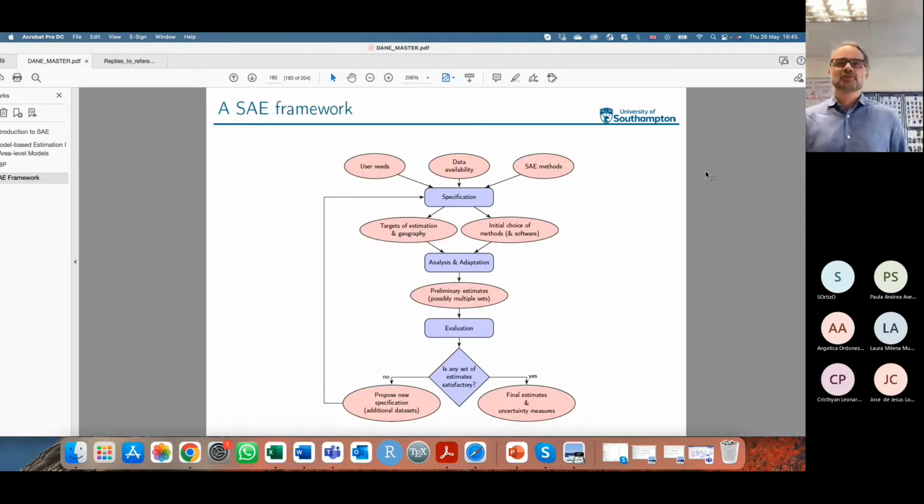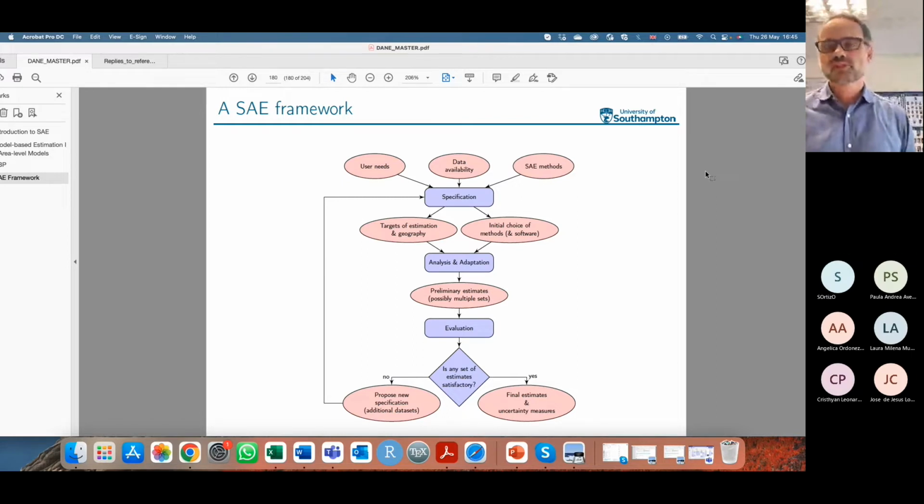So here is a bit of a framework that we have put here. As I said, this is only one possible way of thinking about these things. It's not the only way to think about the problem. We have split that framework into four key stages that are presented here in these purple shapes. Namely, specification is one step.